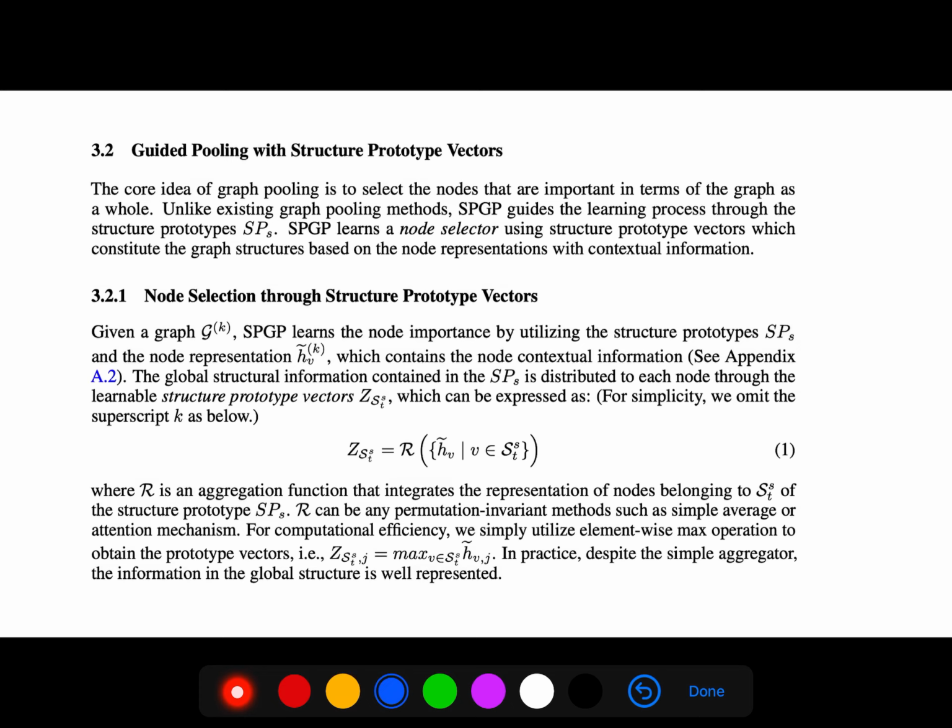The global structural information contained in the SP is distributed to each node through the learnable structure prototype vector Z sub S. So R here is an aggregation function that integrates a representation of nodes belonging to S sub S. We utilize element-wise max operation to obtain the prototype vectors. So these are prototype vectors.